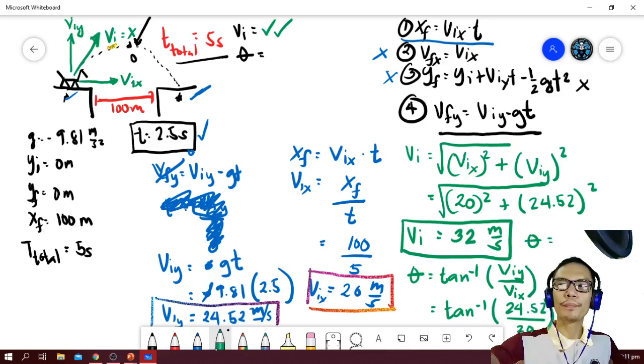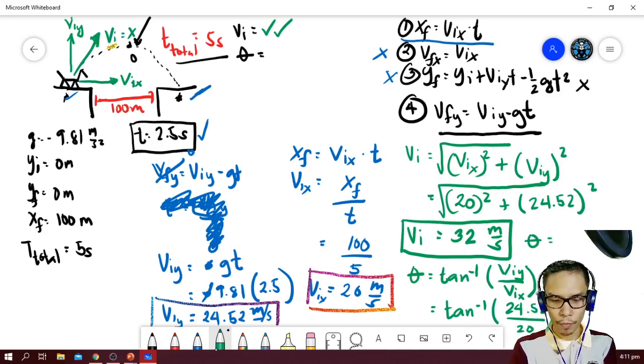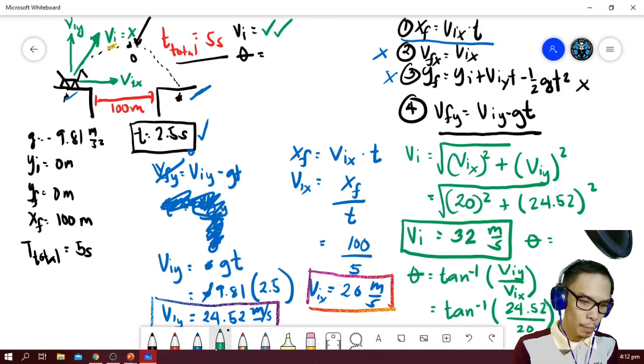If you do the math correctly, 24.52 divided by 20 is 1.226, and we take the tangent inverse.